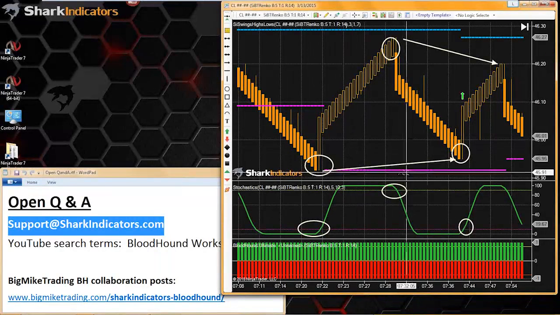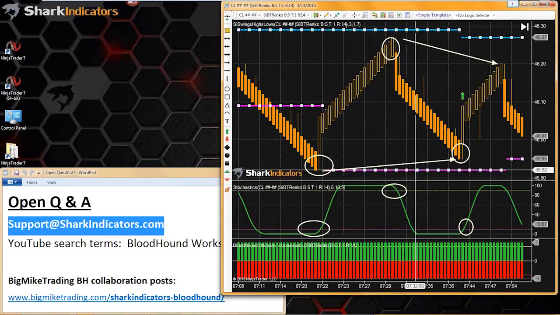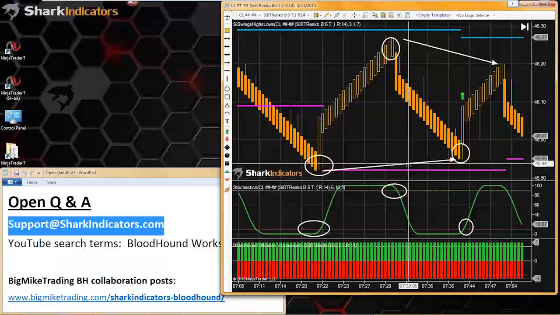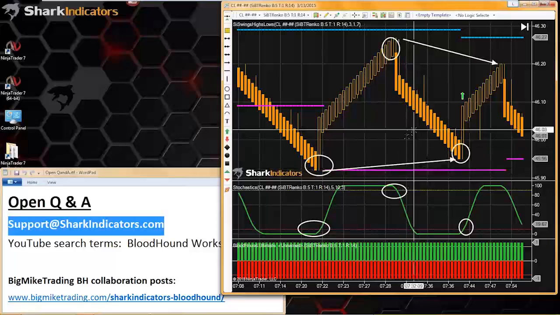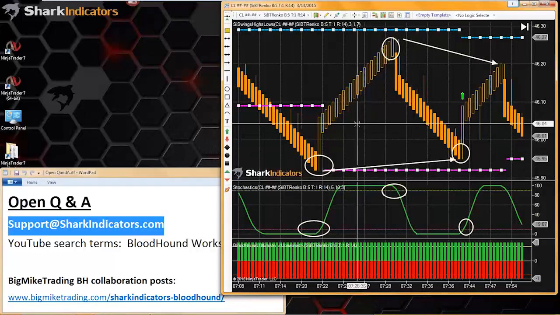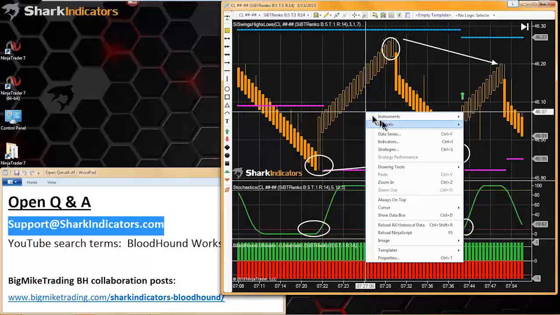I also had to make some changes to the SI swings high-low indicator, the indicator that's drawing my swing points here, so that it wouldn't give me some intermediate swing points. So let me pull the indicator up.